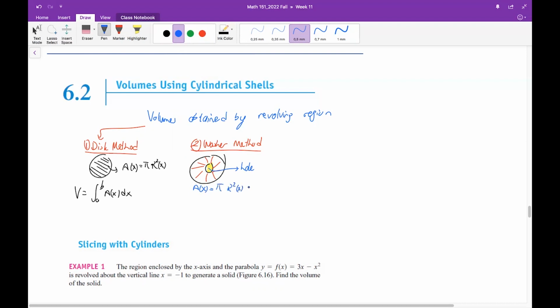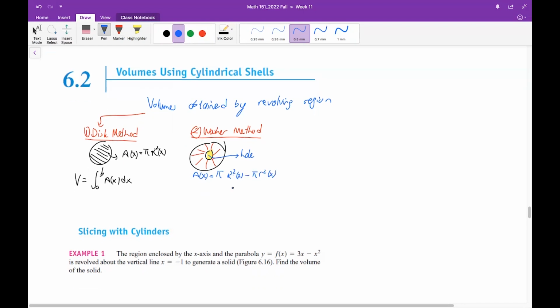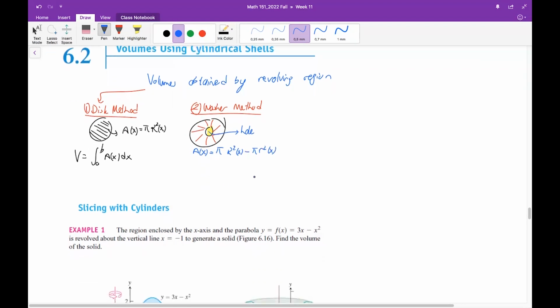You use the outer radius and the inner radius, and you take the difference of the bigger disk and the smaller empty disk inside to find the area of the cross-section, and then the same, you integrate this cross-sectional area. And now in this video, I will explain the cylindrical shell method as the third technique.